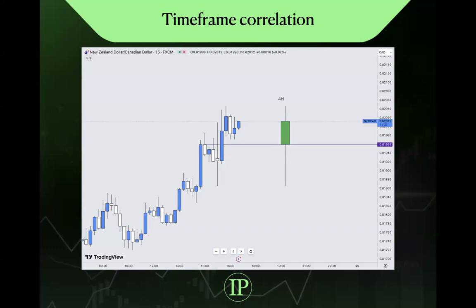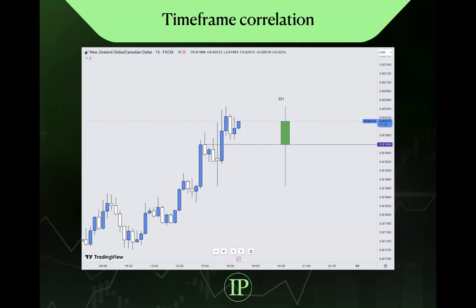There were still 11 minutes left on that last 15-minute candle before the 4-hour candle completely closed. Within this 4-hour candle, that one green candle over there, price made a move down and then up, came down again, and then resumed going up.